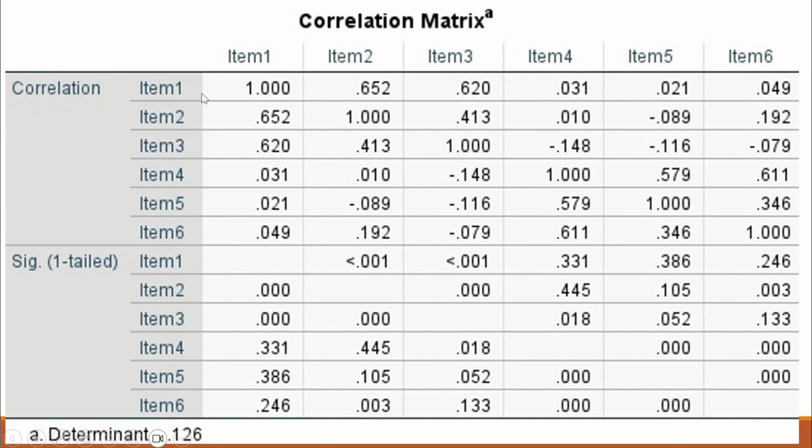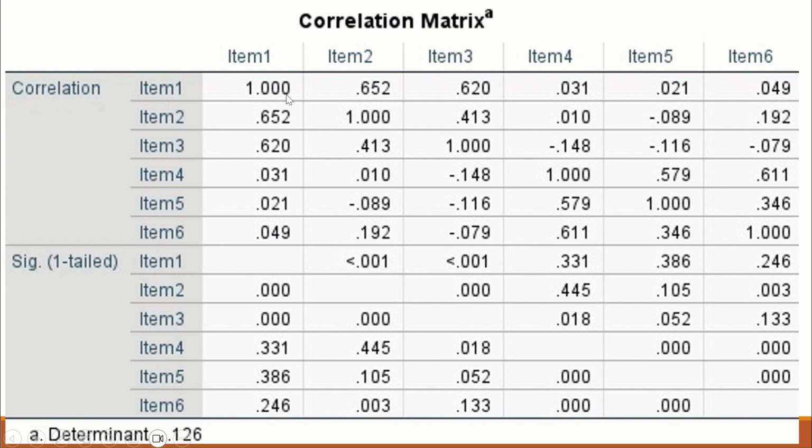So for the correlation, when item 1 is correlated with item 1, it is perfect correlation. Item 1 correlates with item 2, the value is 0.65, which is within the range. Item 3 is within the range. Correlation between item 1 and 4 is very poor, less than 0.3, it is 0.03.